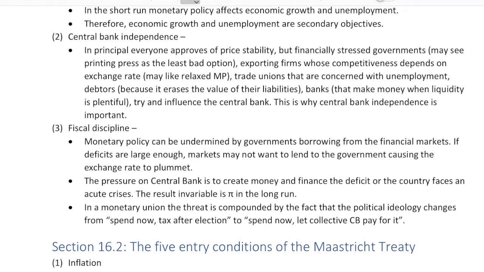So trade unions also like relaxed monetary policy. Debtors are an interesting group of people that like price instability, because in some ways it raises the value of their liabilities. So in other words, if inflation is high, it raises the value of what they owe.